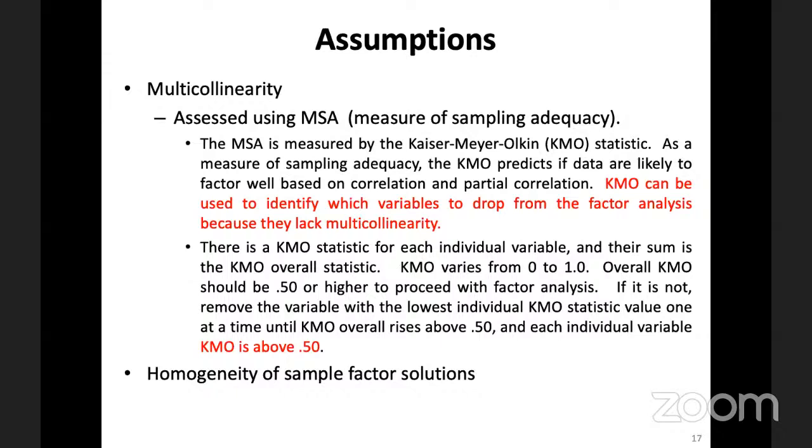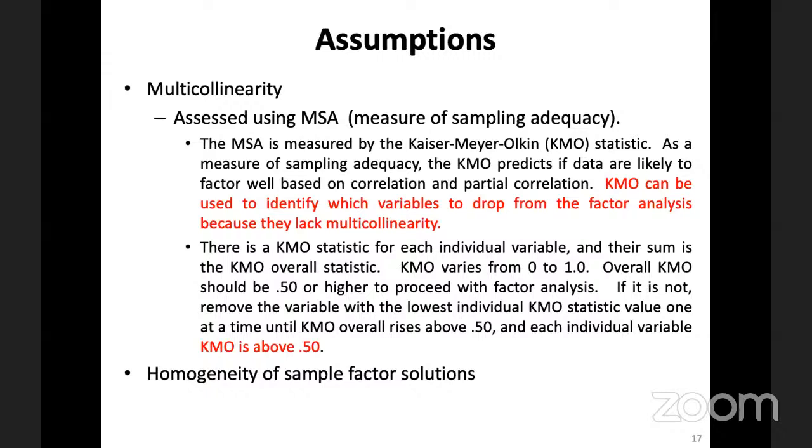Multicollinearity talks about intercorrelation between the variables. If it is high, then it is called multicollinearity, and that is the requirement of factor analysis. If there is no multicollinearity, then factor analysis cannot be conducted.